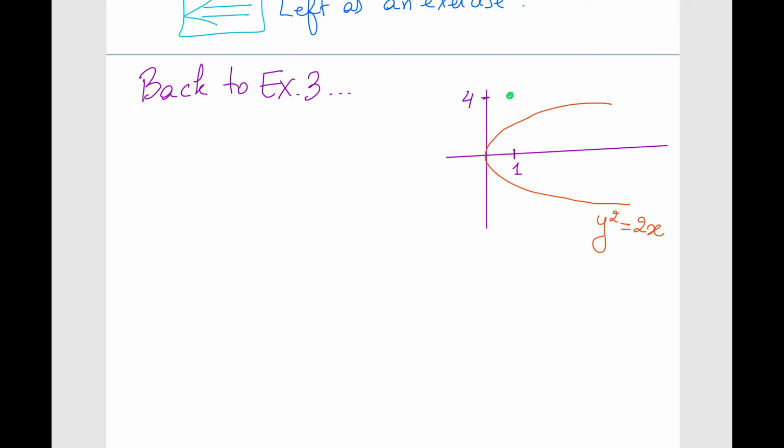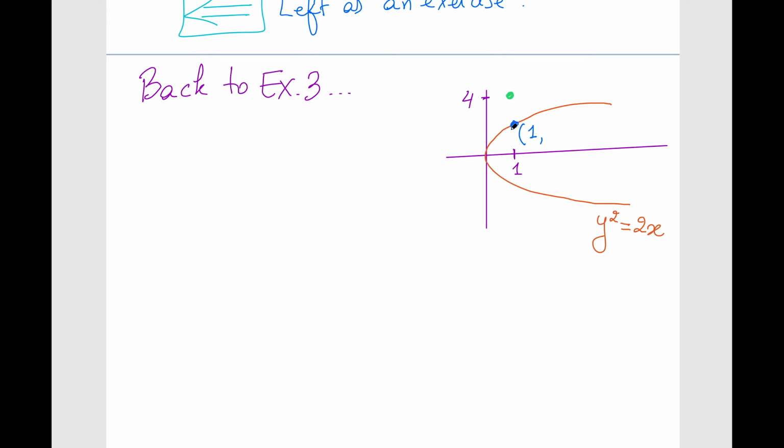Why is it right there? Why is it not below or above? Because what's this point on the graph whose first coordinate is 1? Well, if the first coordinate is 1, y squared is 2, right?